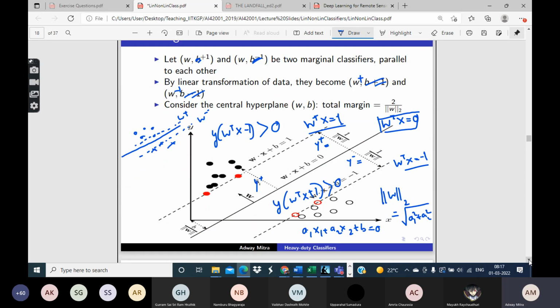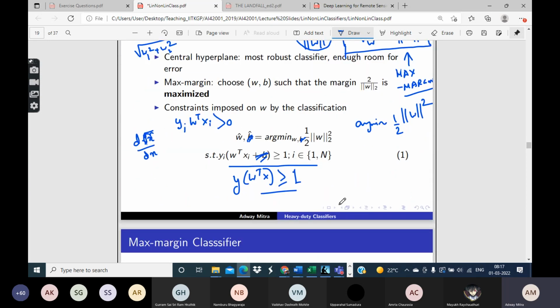Based on that, we write this constraint for all the data points as the constraints of this optimization problem. It is left as an exercise for you to verify that this constraint means that both of the marginal classifiers will be correctly classifying the points, or at least will not be misclassifying any of the points.